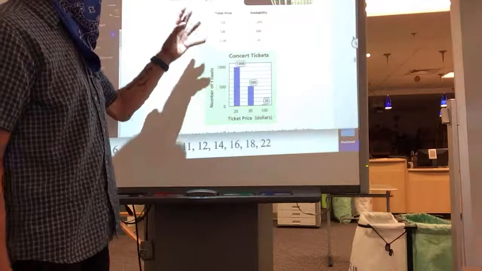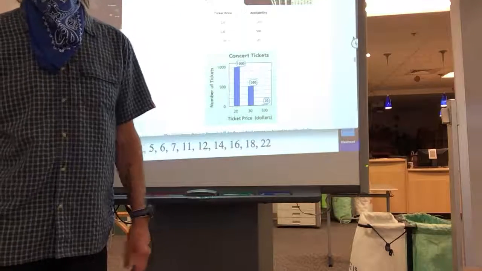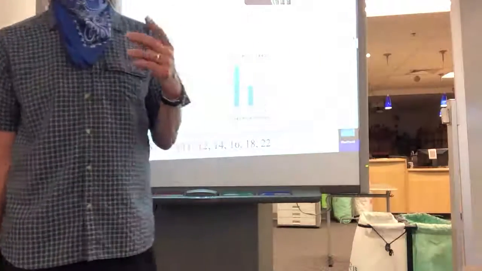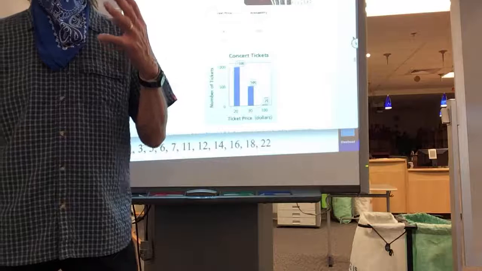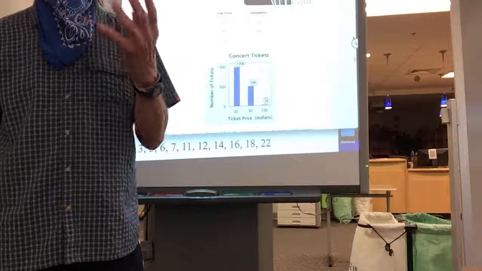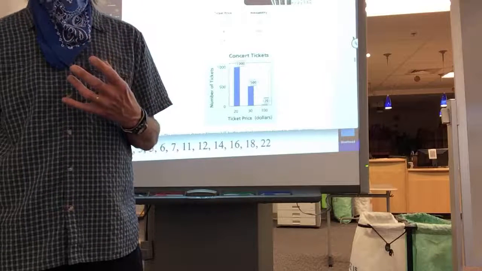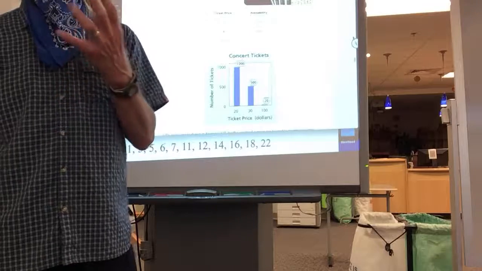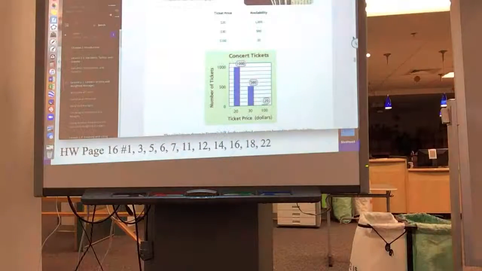So what we need to do is turn these into relative frequency. Relative frequency is the number within a subset out of the whole, because it is relative to the whole.